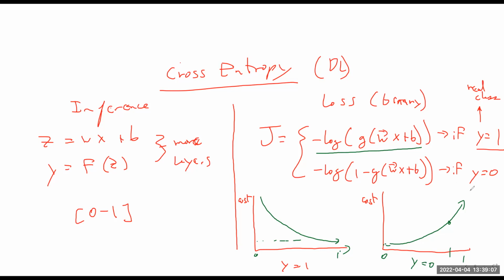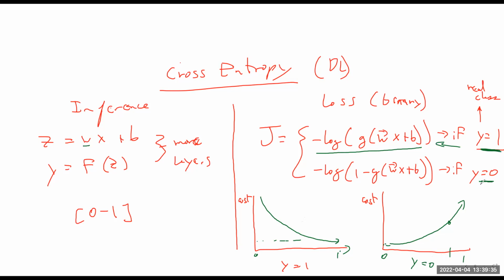If the real label that you got there is 0, what do I want? I want you to change the weights in the inference function so that you learn to predict 0s. If it's 1, you should learn to predict 1s. So if this is label 1, you use this function to train the model.